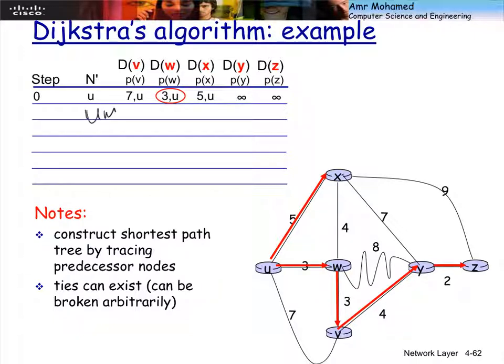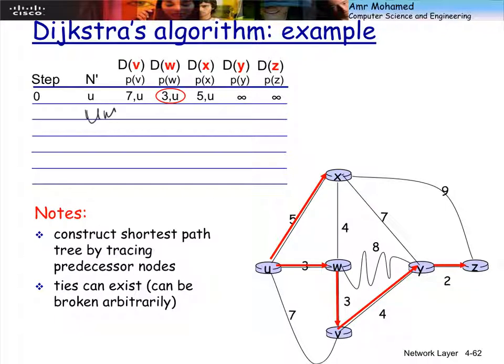So for example, node V. Node V, the cost can be 7, or it can be 3 and 3. Right? Because now node V is reachable from W.